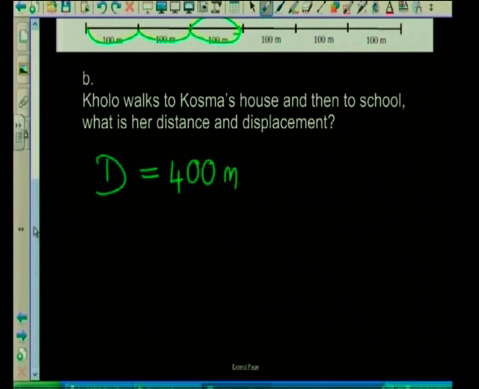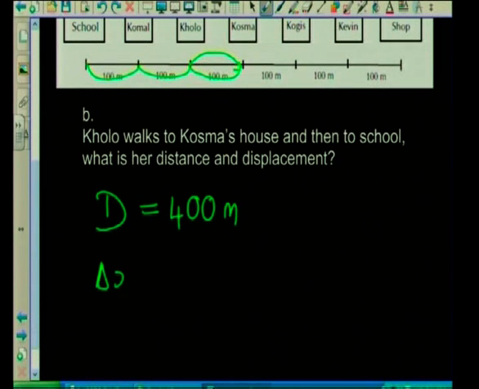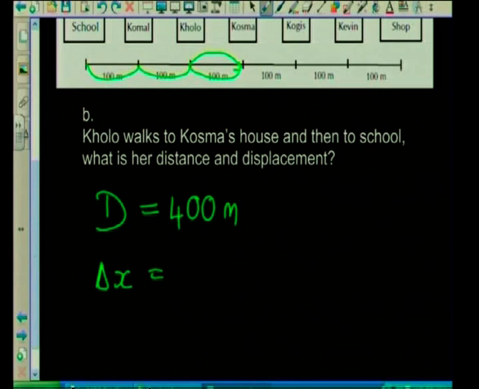Let's look at her displacement though. Remember, I said to you going to the left is positive. She starts by going to the right, which means her first displacement is actually minus 100 because she went to the right first. Then she goes left 300 meters.